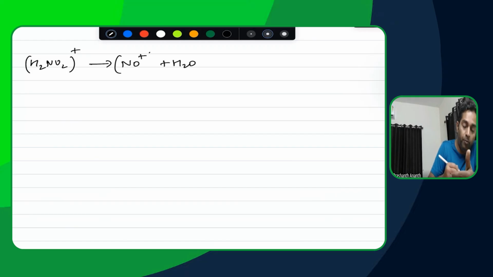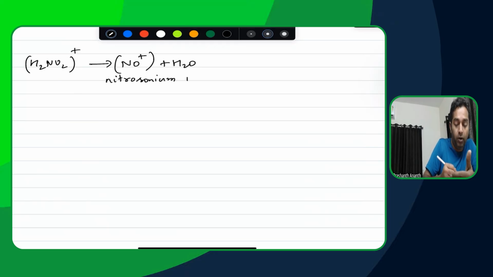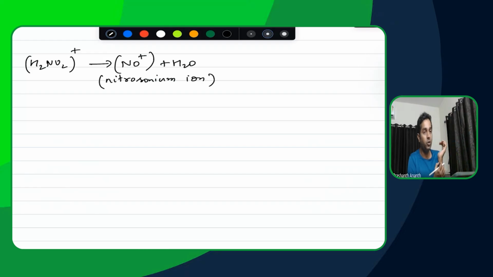This NO plus is called the nitrosonium ion, and this is going to be your reactive species which goes and does the reaction.